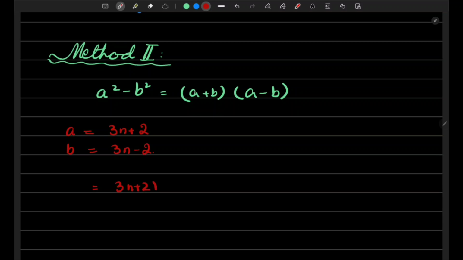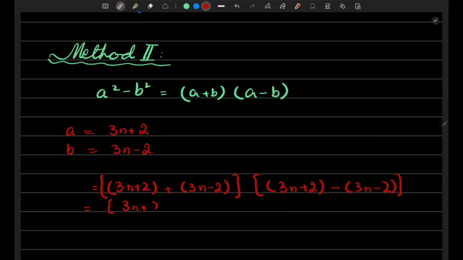(3n + 2) plus (3n - 2), into (3n + 2) minus (3n - 2).